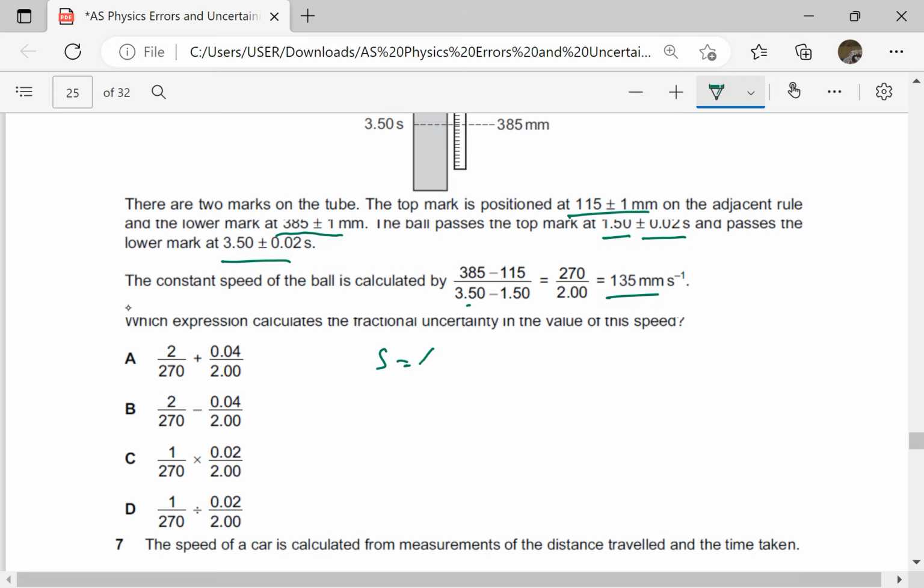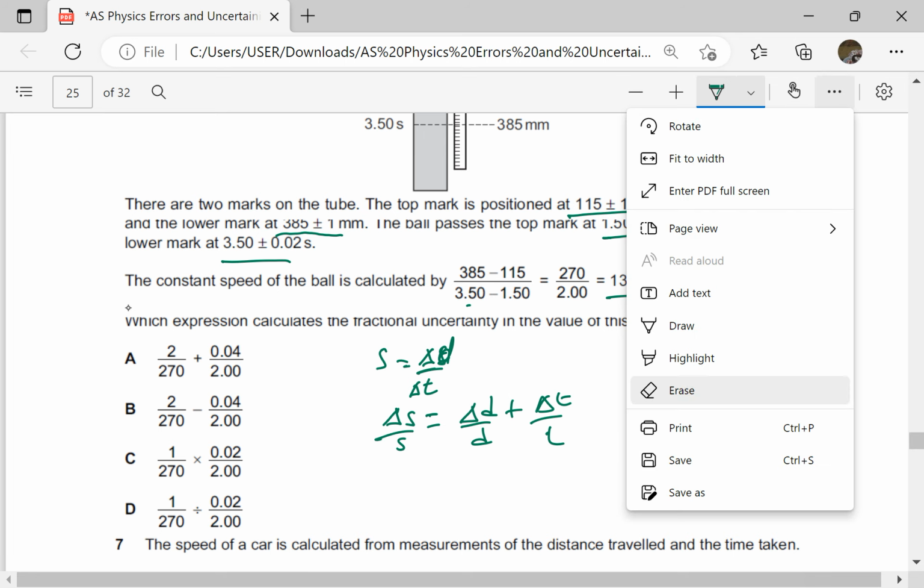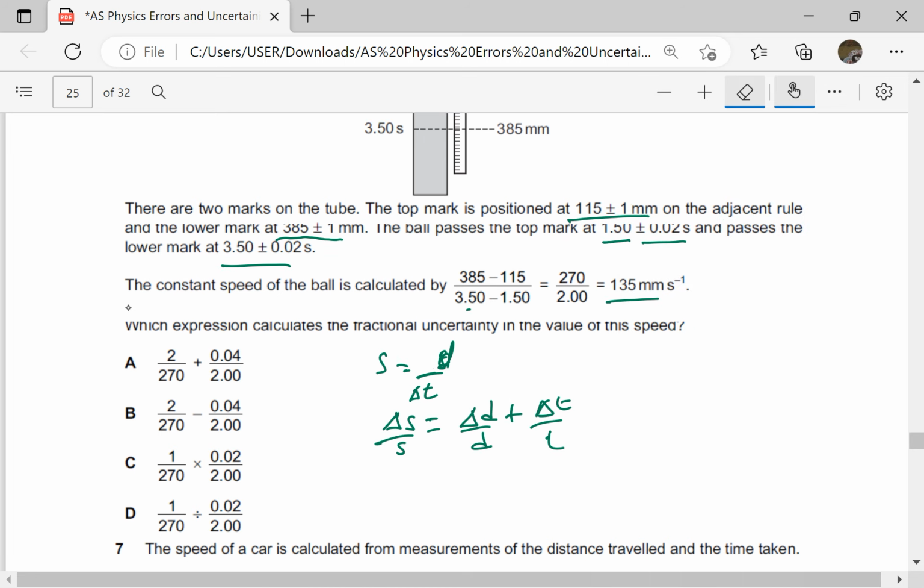So speed is equal to the distance divided by the time. It means the fractional uncertainty in speed is going to be equal to fractional uncertainty in d plus fractional uncertainty in time, because speed is distance over time.